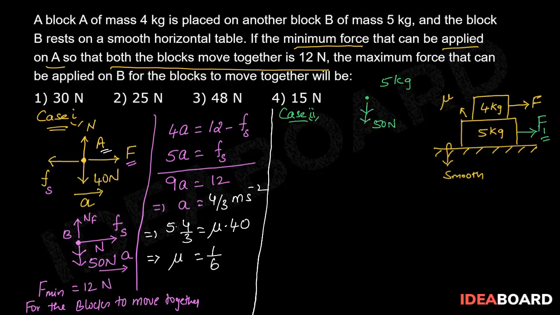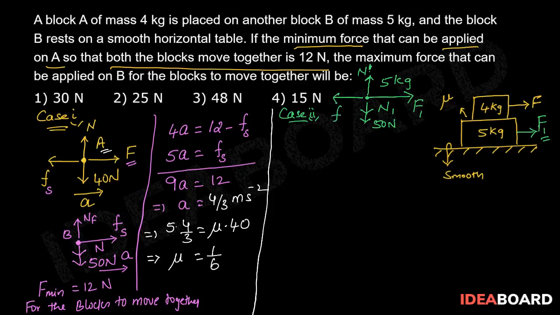Normal force given by the 4 kg block will act vertically downwards, and normal force given by the floor will act vertically upwards. Applied force F1 acts horizontally towards the right. As a result of F1, there starts a relative motion between 4 kg and 5 kg. So the 4 kg block will oppose the 5 kg, opposite to F1.